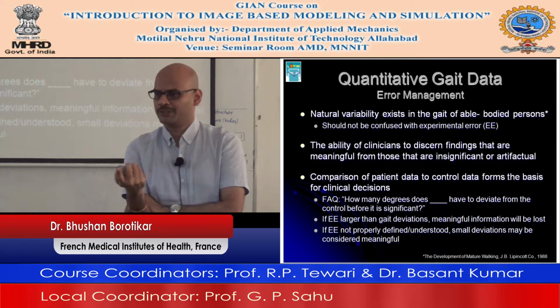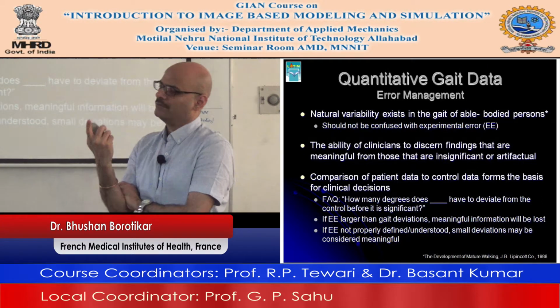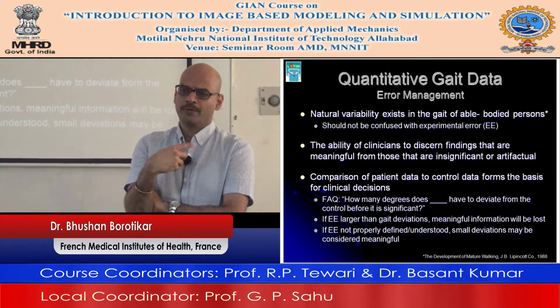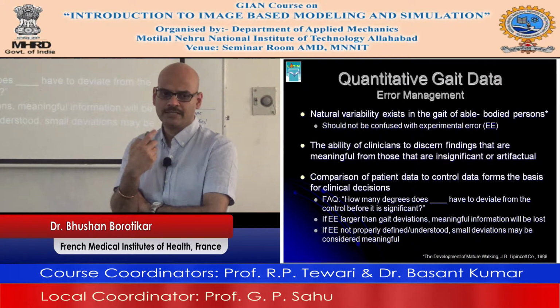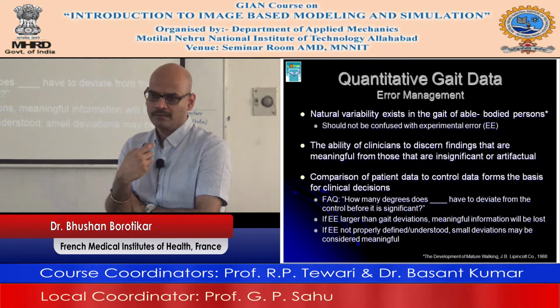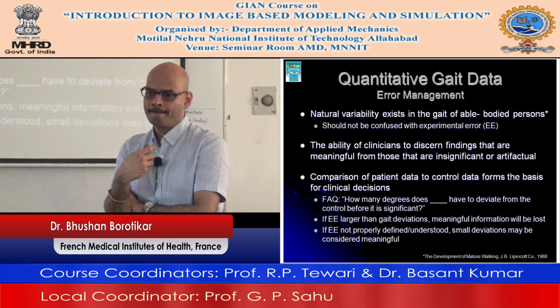When you have a pathology, you have a rehabilitation. When you have a rehabilitation, you are improving. But when you say that you are improved enough to be normal, that is still a question. Yes. How many degrees does whatever segment have to deviate from control?